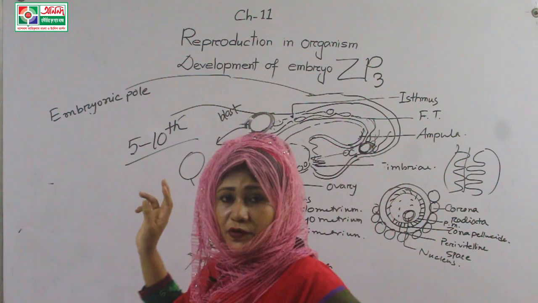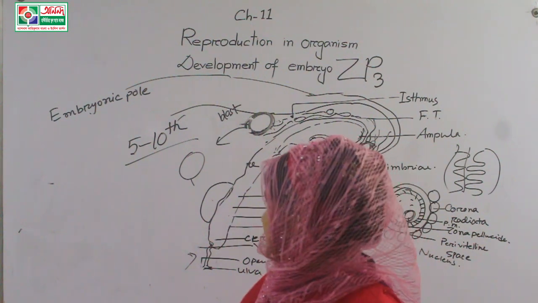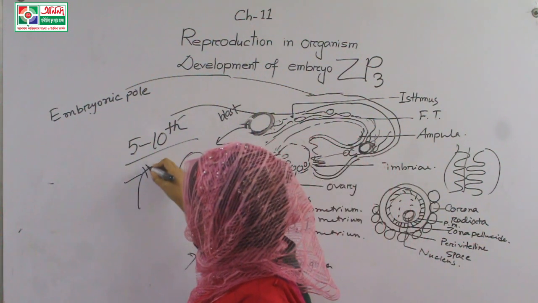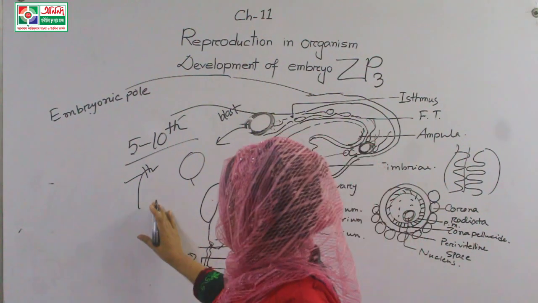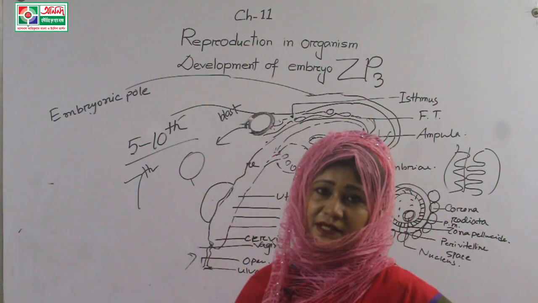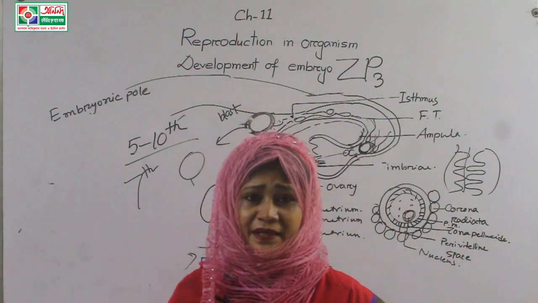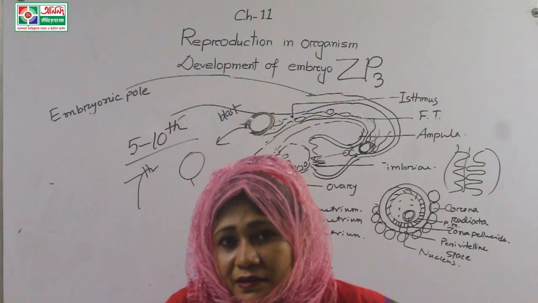Biologically, it is found that implantation takes place from the 5th to 10th day, but the approved one is the 7th day. So morula 3rd day, blastocyst 4th day, implantation 7th day. Embedded in the wall of the body of the uterus.